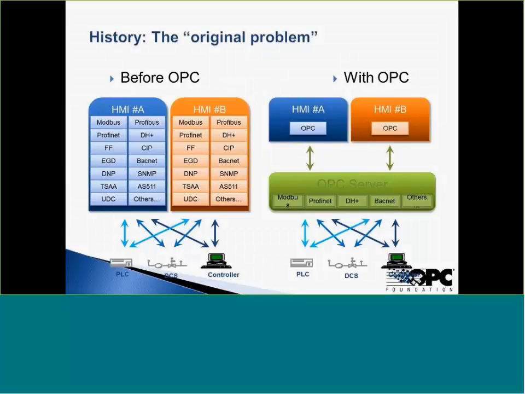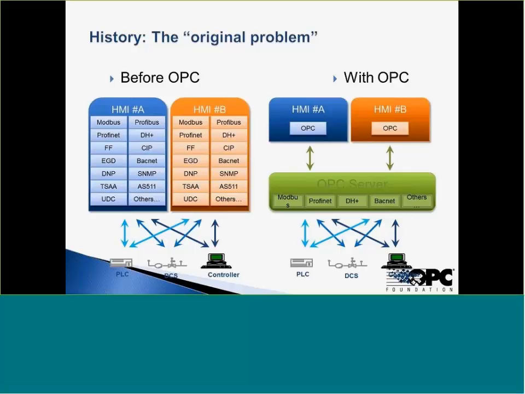But with OPC, we standardize on a mechanism where the OPC server is the one that understands how to talk to the underlying devices, and all the upper layer applications, the client applications, just communicate via OPC to read and write data or read and write alarms or read or write historical information as the mechanism for interoperability.